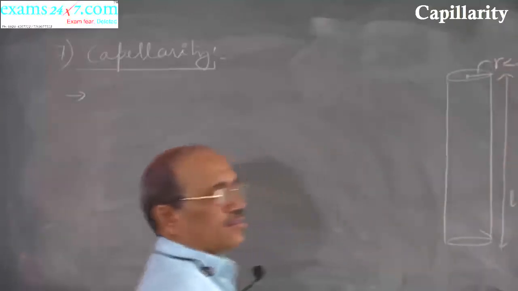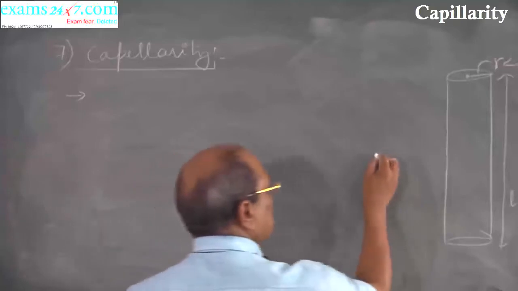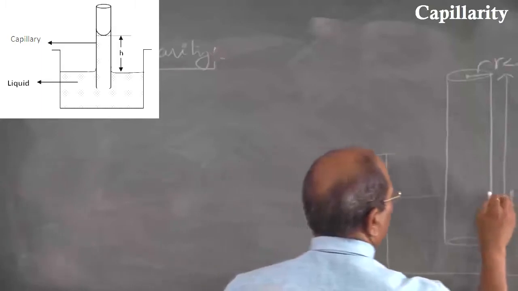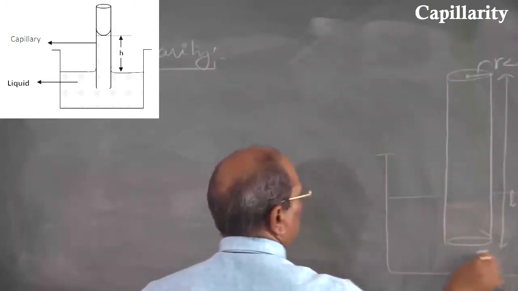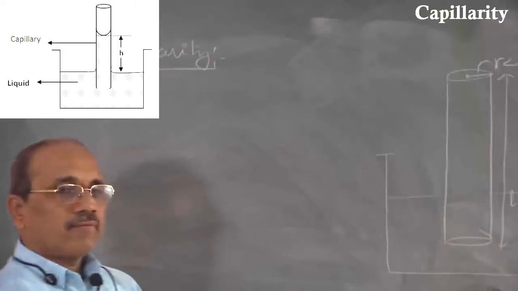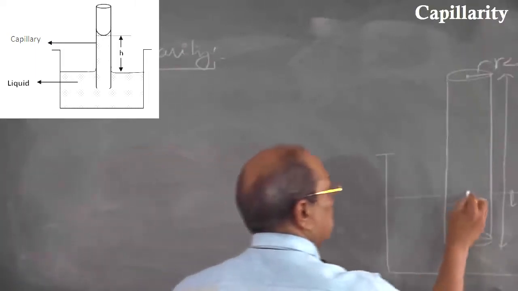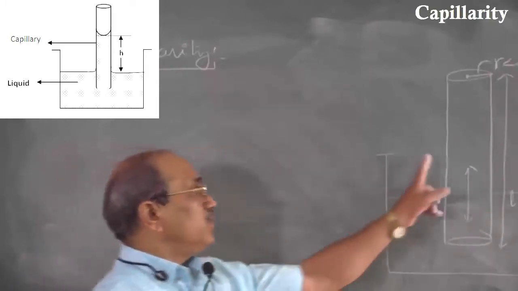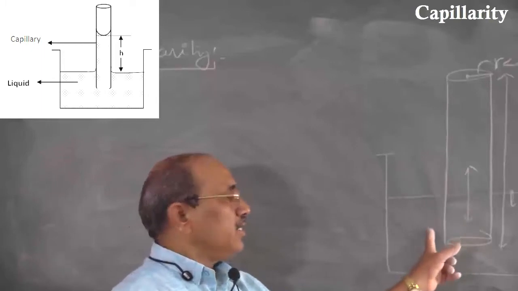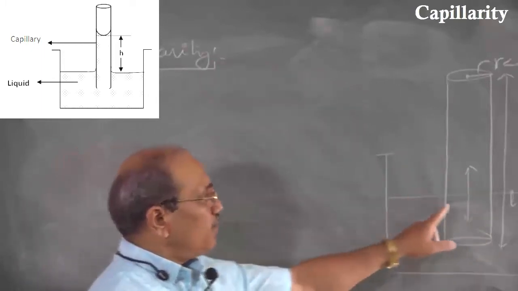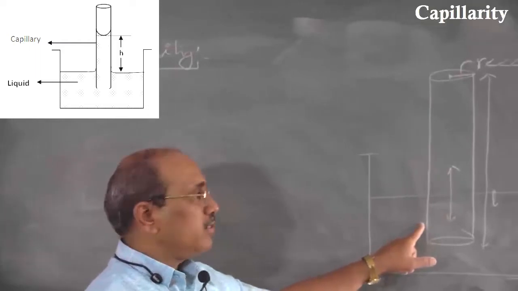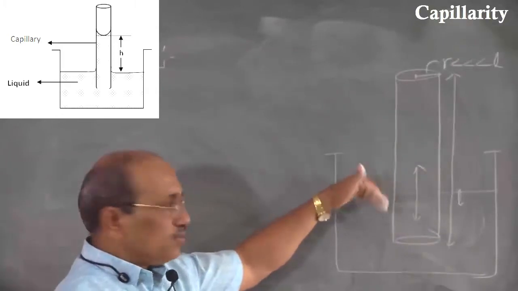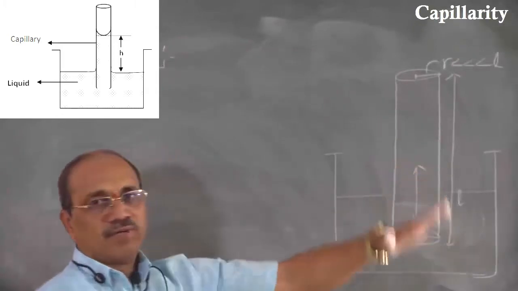When this capillary is dipped vertically into a liquid, there is a difference of pressure experienced inside and outside. In that case, there is a rise or fall in the level of liquid, depending on the nature of the capillary tube material and the liquid taken. If it wets the surface, there is a rise in the capillary, or if it does not wet the surface, there is a fall in the capillary level.